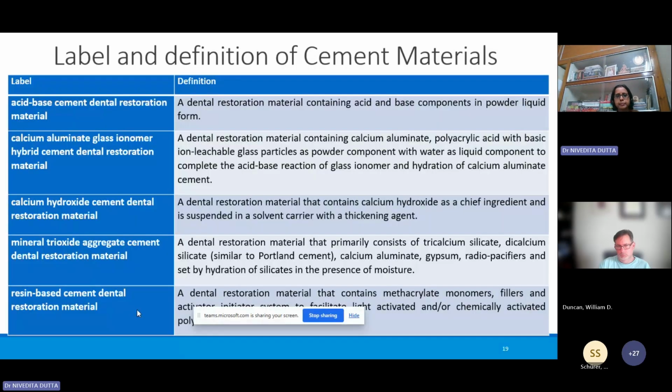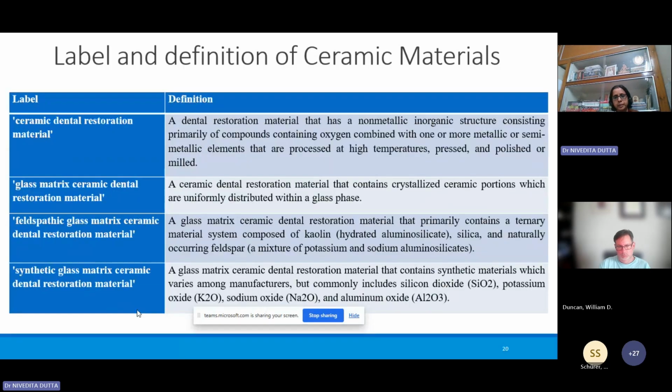These are some examples of the detailed description process we followed. This is the different cement dental restoration material, and these are the different types of ceramic materials.